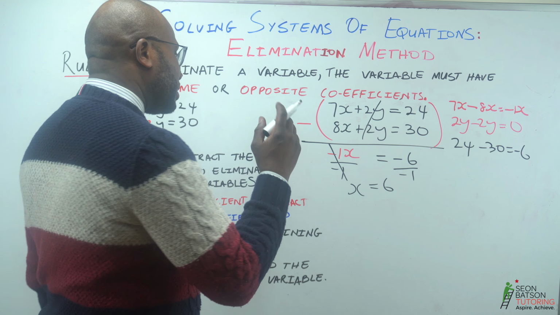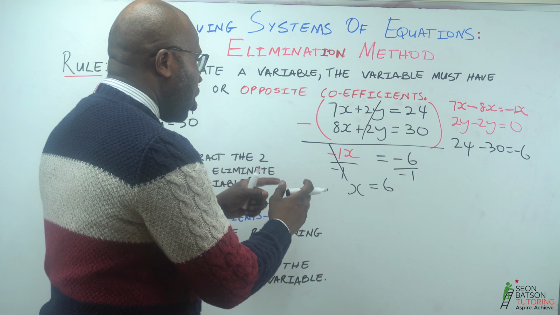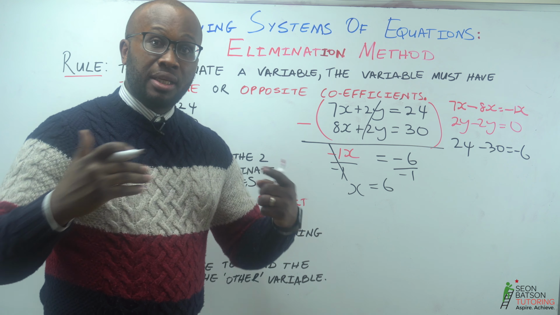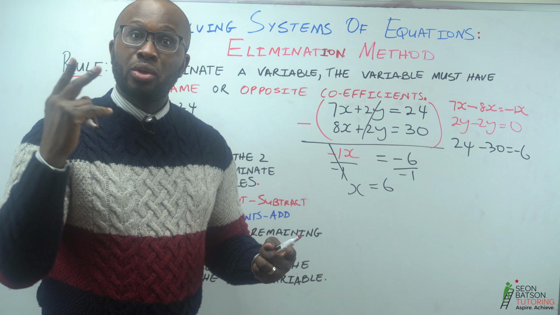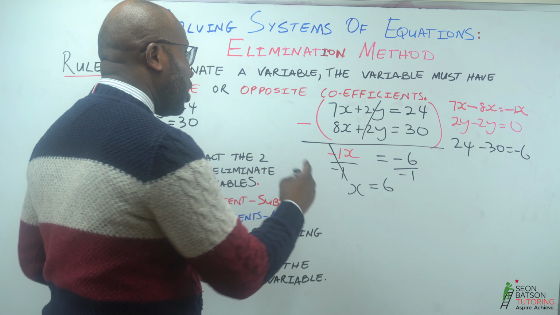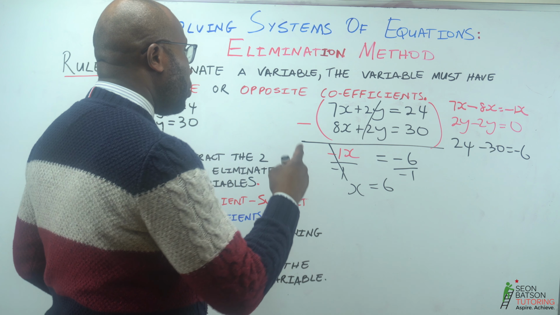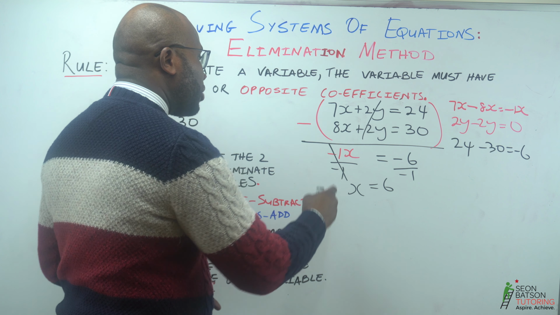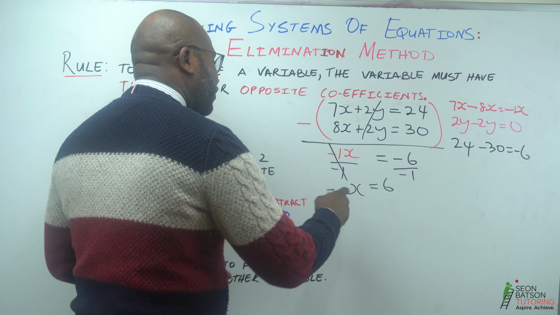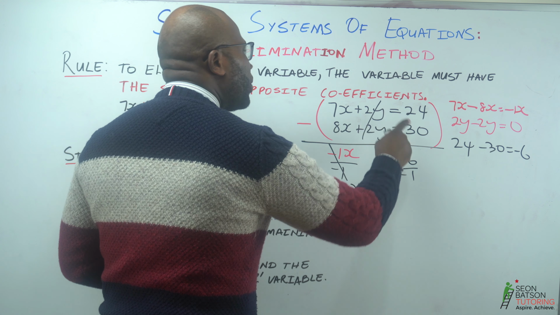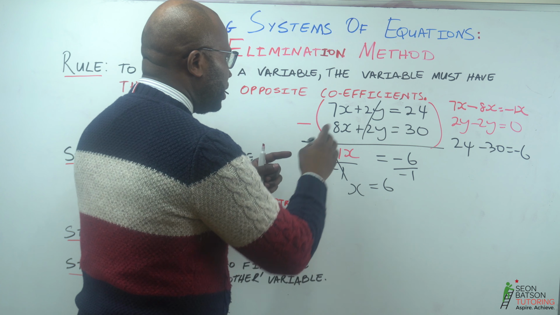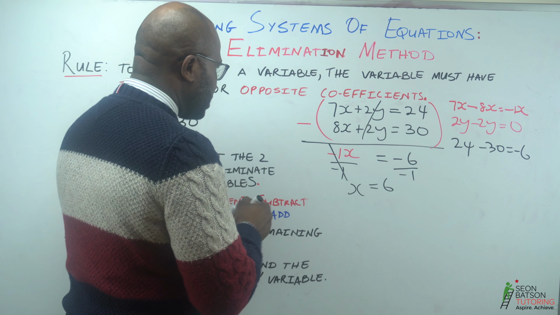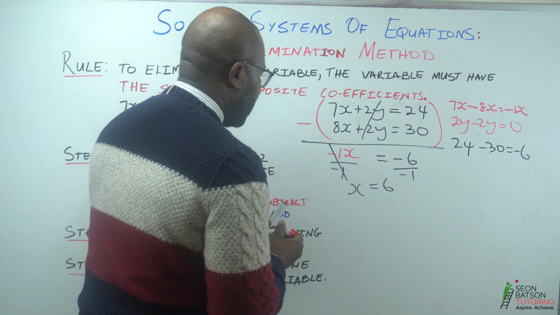Now, we have successfully solved for x, but the system has two variables, right? So now we have to solve for y. To solve for y, we're going to substitute the value of x, and we can choose any one of the two equations here. So let's choose the first one.